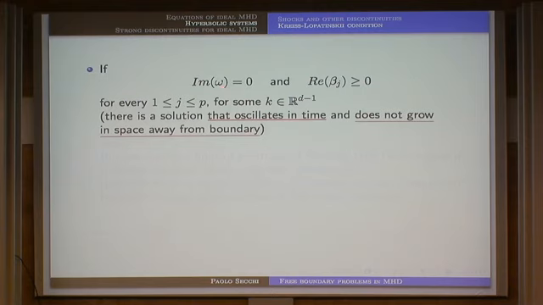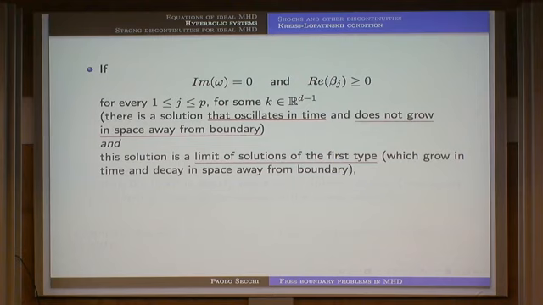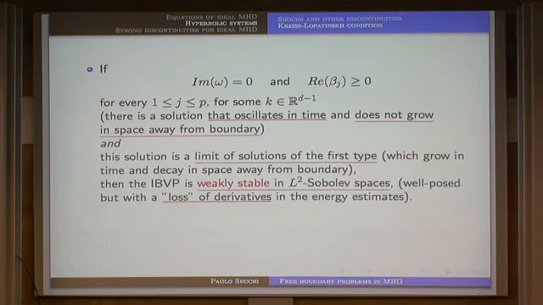Here the real part of beta_j is non-negative. So this solution oscillates in time and does not grow in space away from the boundary. And this solution is a limit of solutions of the first case. Then we say that the problem is weakly stable in L2.